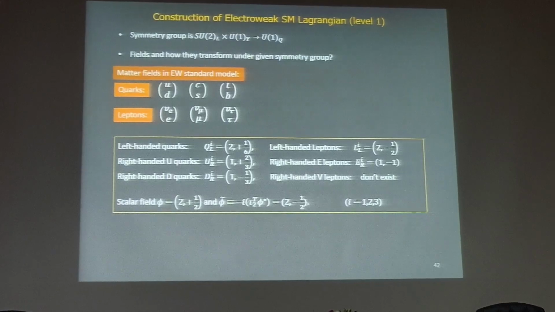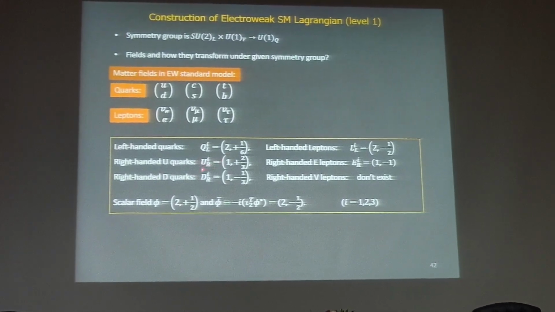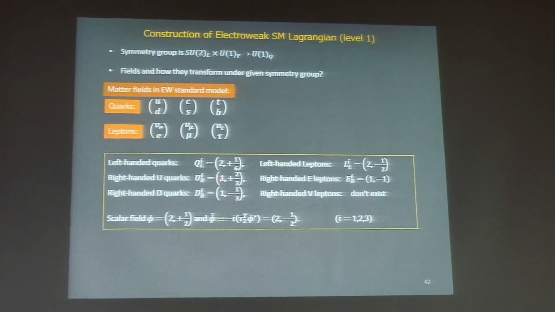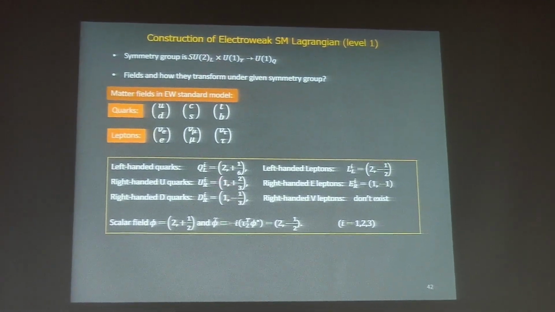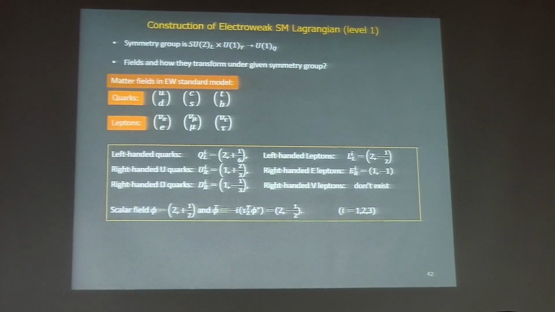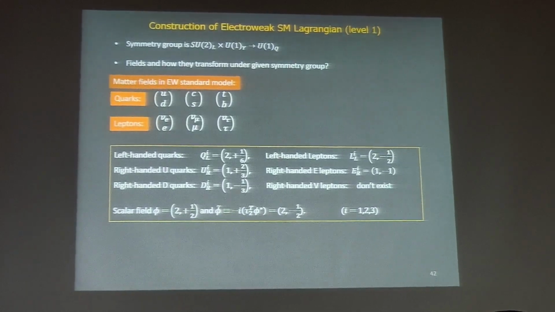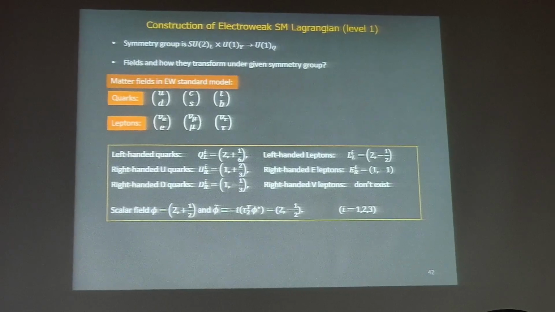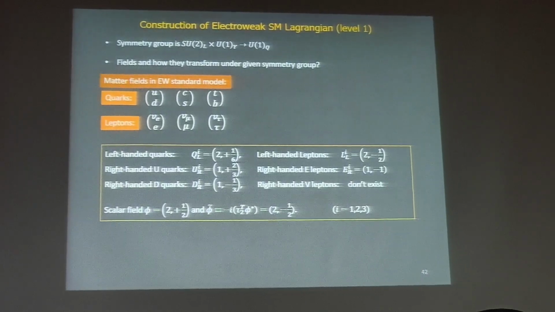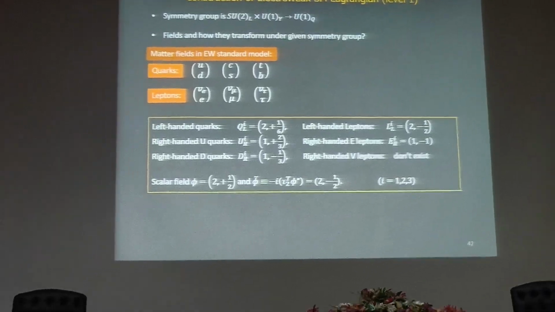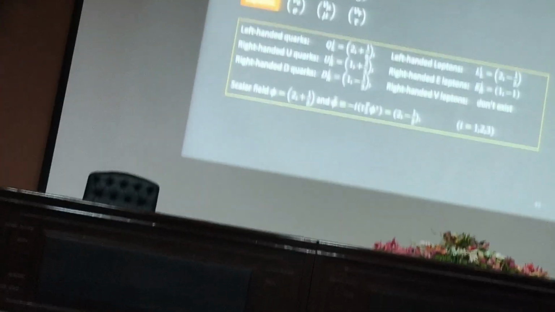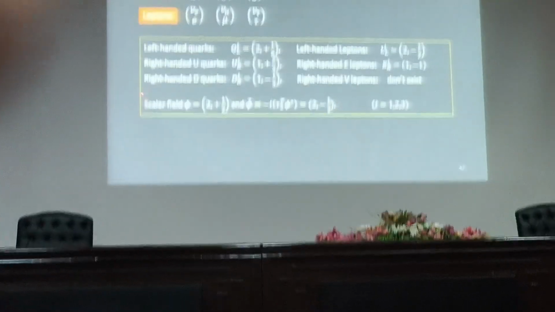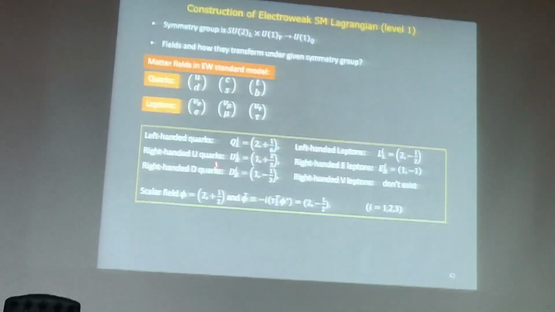The first number is 1. That means that the right-handed u quark transforms by the one-dimensional representation of SU2. And we previously saw that when a field transforms by the one-dimensional representation, it is actually invariant, because in the one-dimensional representation the generators are 0. And the value of the Y charge is plus 2/3. And then we talk about the right-handed d quarks.